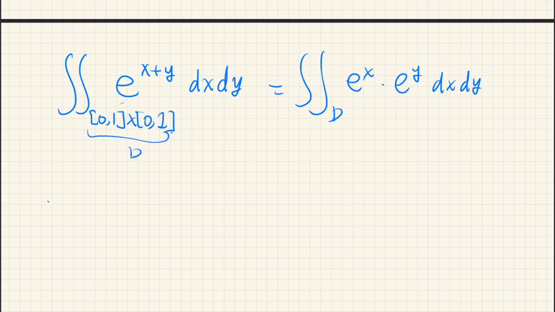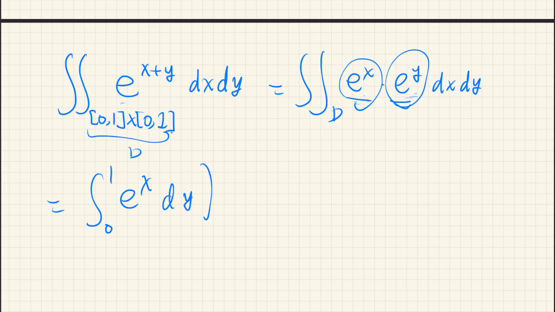Since this is a product of two functions with no overlapping variables, we can just split this into the product of two univariate integrals, dx times dy.